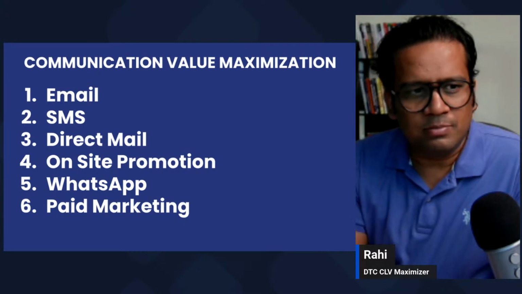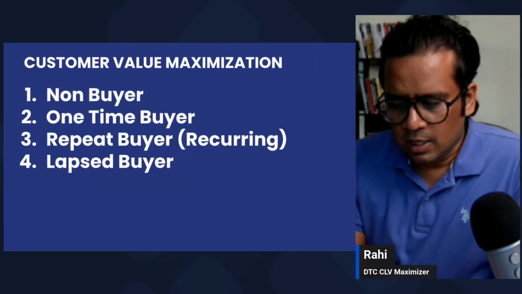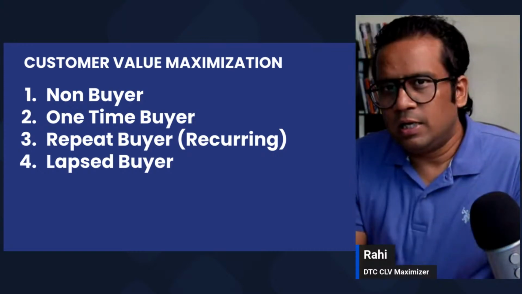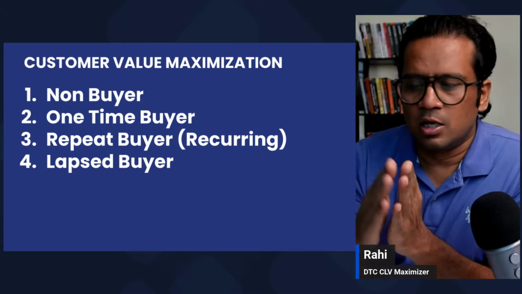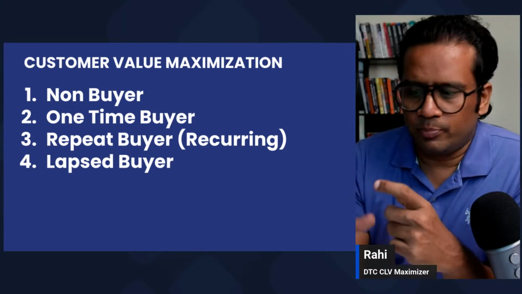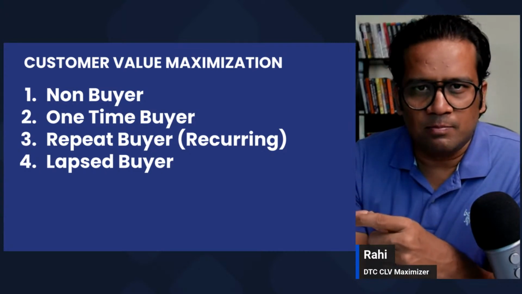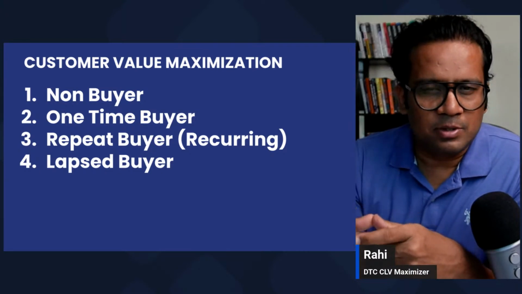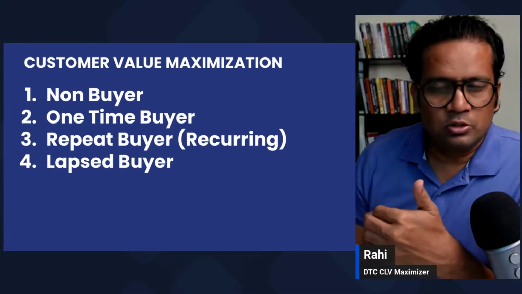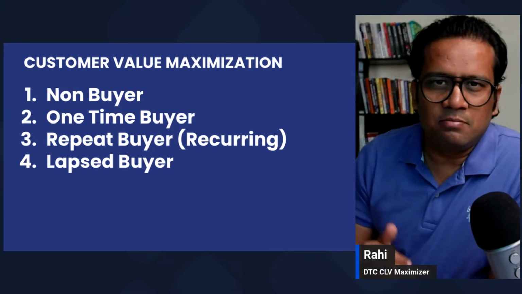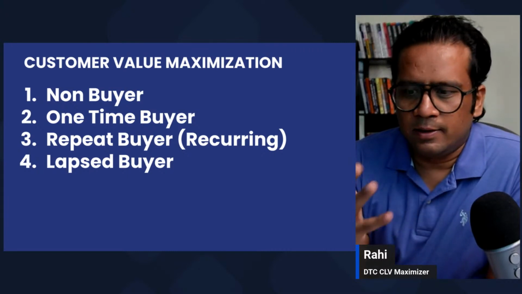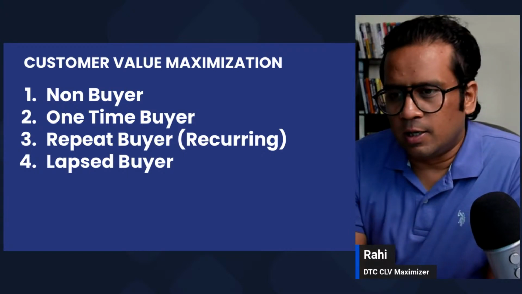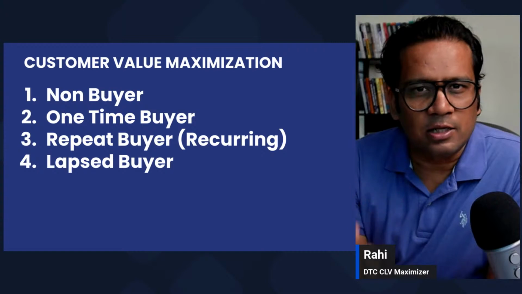So you don't need everything over here. You just need one or two strategies which work best to keep a customer on the recurring plan, or keep the repeat buy high, or to convert a one-time buyer to a repeat buyer.